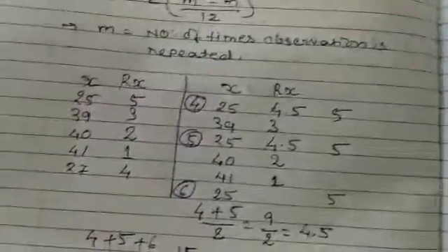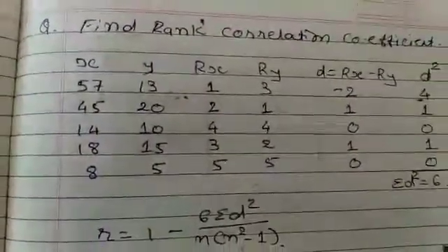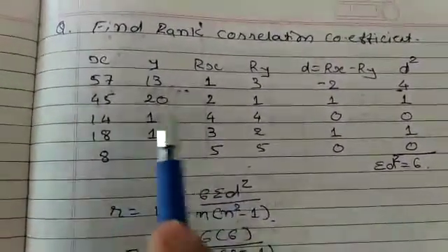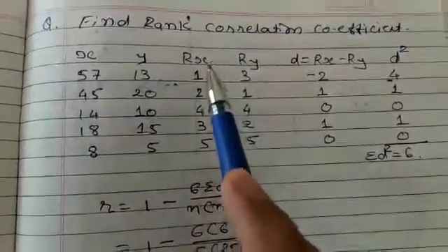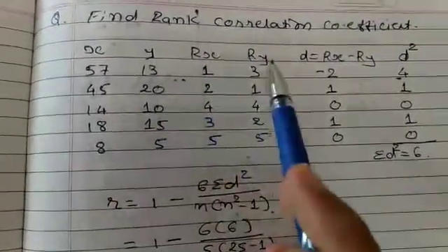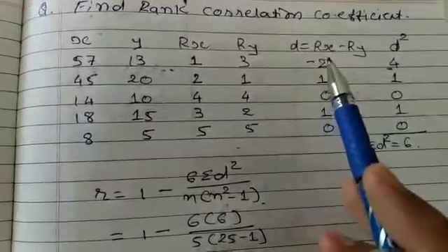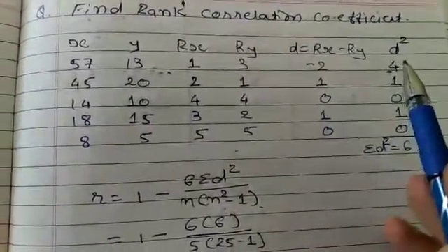Now let us understand with an example. You have to find the rank correlation coefficient. X and Y values are given. The columns we have to prepare are Rx, rank of X, rank of Y, D, that is the difference Rx minus Ry, and D square.